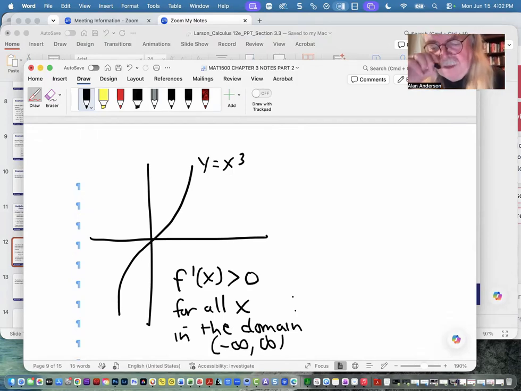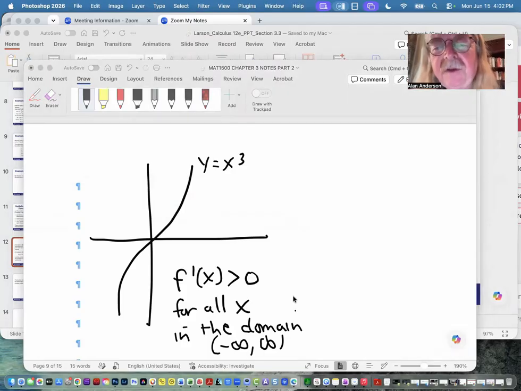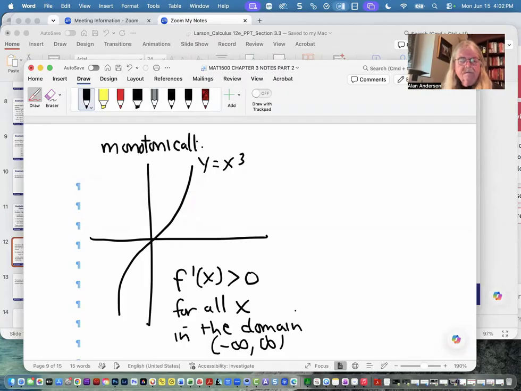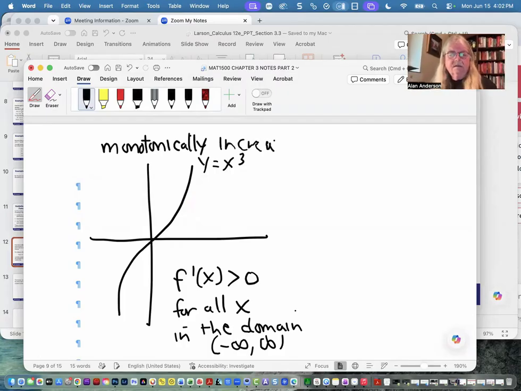Okay, so when that happens, there's a few different ways we can describe it, but one of the ways you hear it described is it is said to be monotonically increasing. And it means that, like we just said, there's no part of this function that's decreasing or remaining the same for that matter.